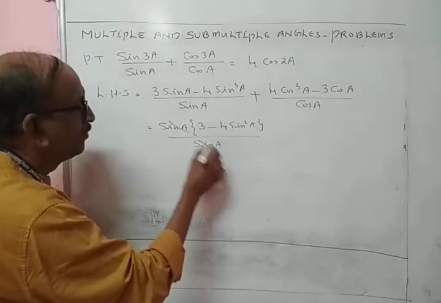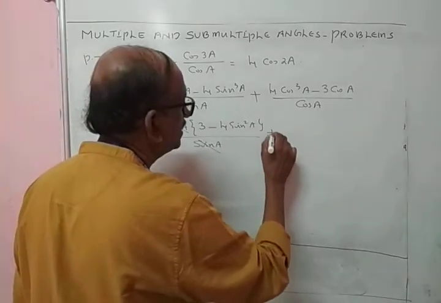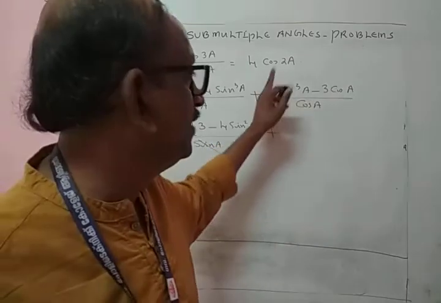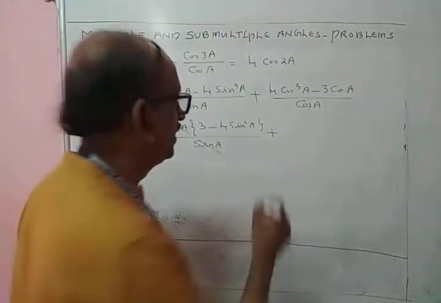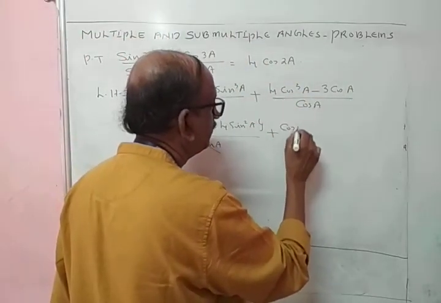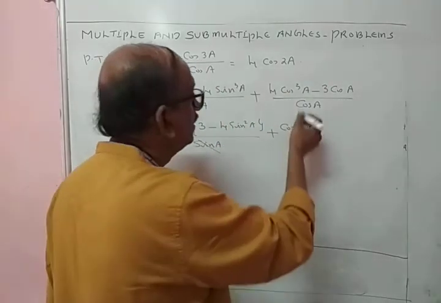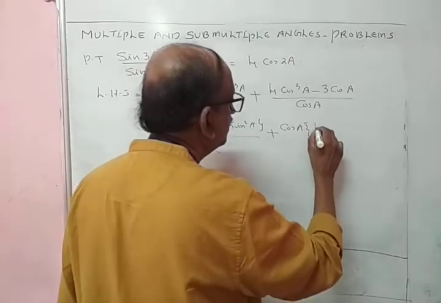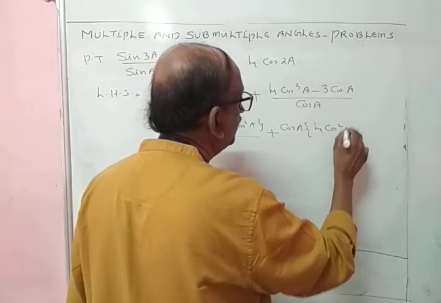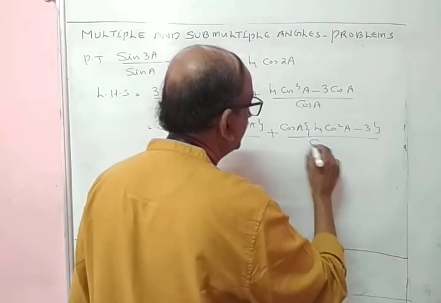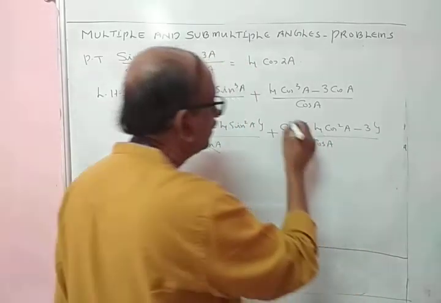Sin a got cancelled. Plus, take cos a outside. Here cos a is common in the numerator. Take that cos a outside, then the remaining is 4 cos squared a minus 3, divided by cos a. Cos a will go.